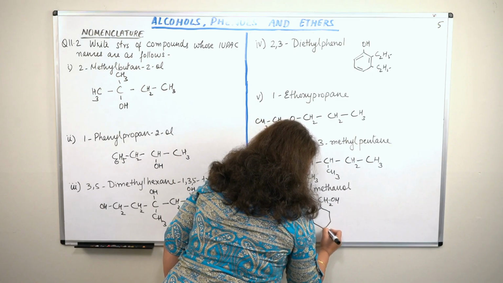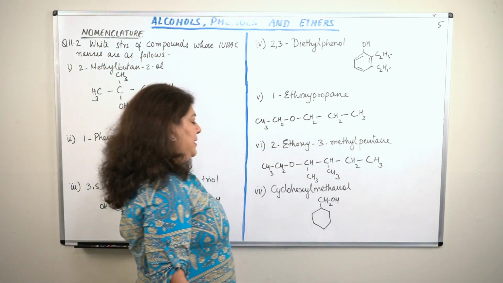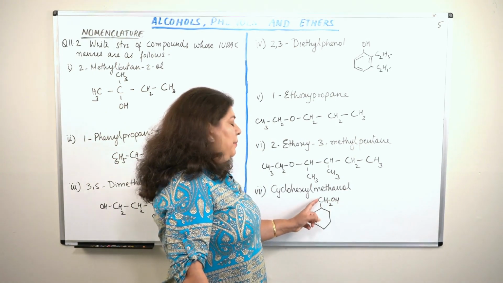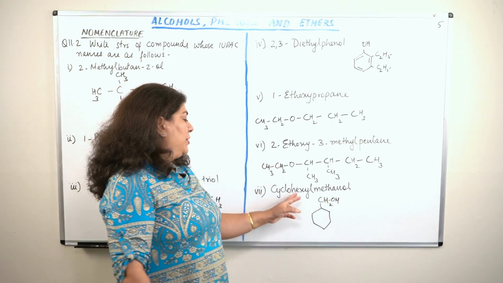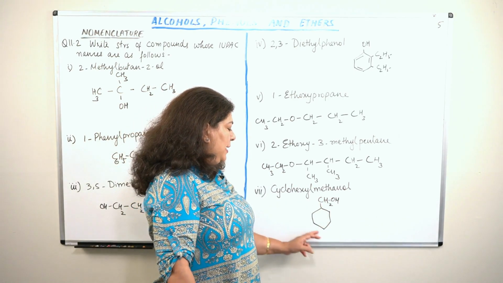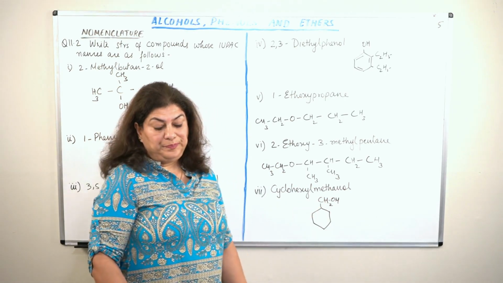Cyclohexyl. This is cyclohexane. So cyclohexyl methanol. Methane has only 1 carbon, so there is no need of locants. This is methanol, CH2OH, cyclohexyl methanol.